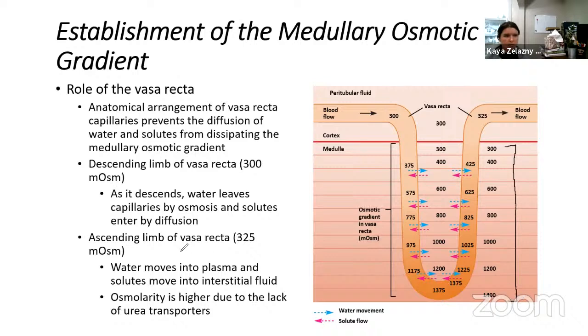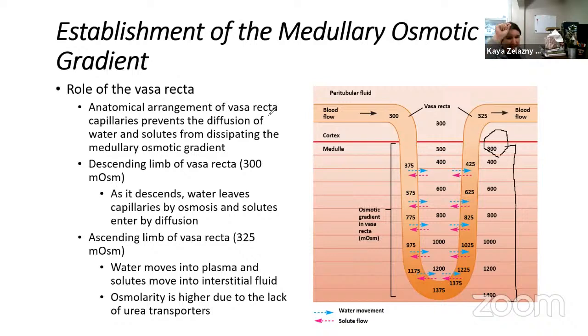So the shape of the vasa recta, we need blood flow there, right, in order to allow some reabsorption, things like that. But we don't want to water down these deeper parts of the medulla, and we don't want to increase the salinity up here at the top of the medulla in particular either. So the anatomical arrangement of the vasa recta allows for that.